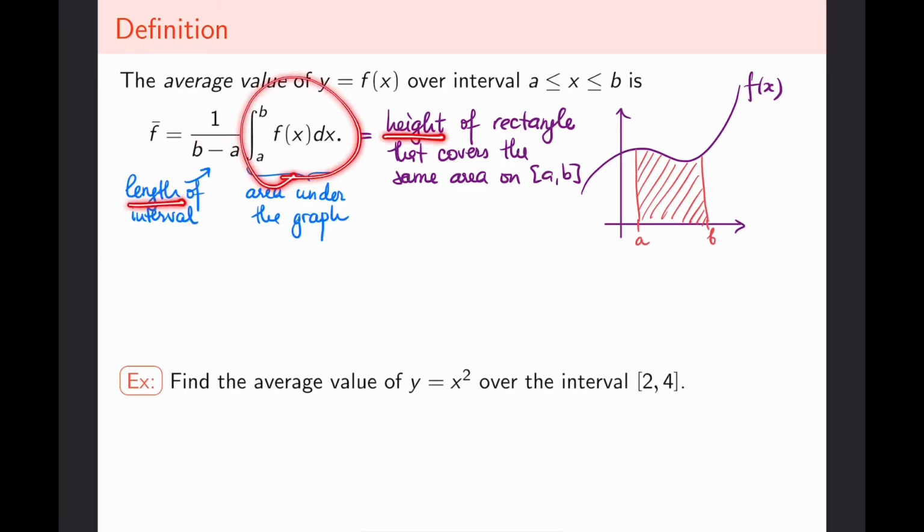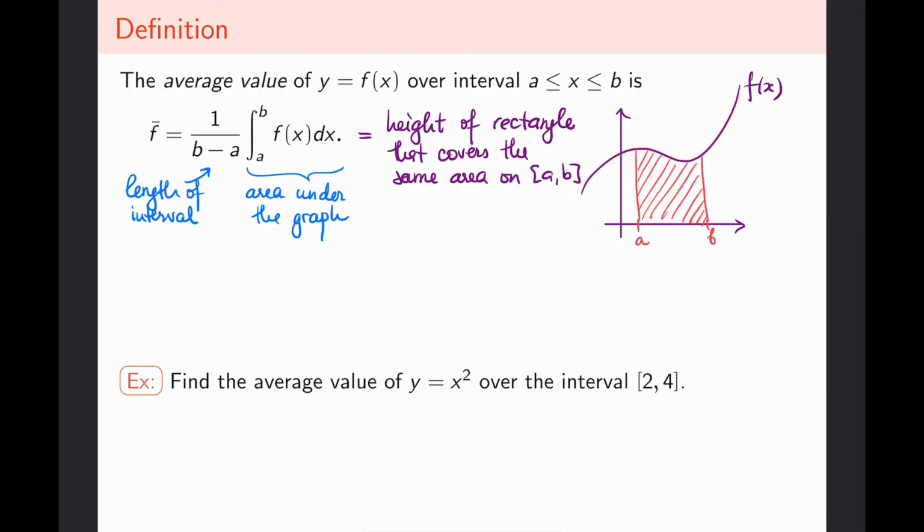Length times height will produce the area under the graph. The area under the graph itself is not a rectangle, but what the average gives me is this flat rate, basically, where the area under this flat rate will be exactly the same as the area that the integral computed to fit under this non-flat curve.